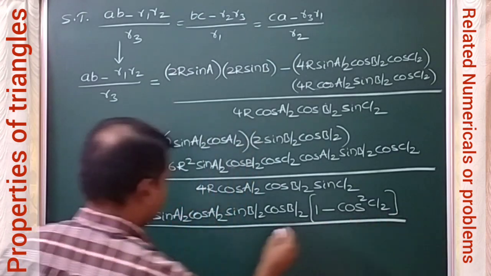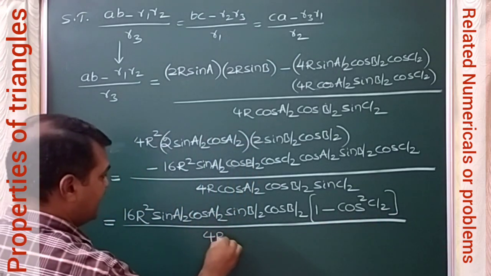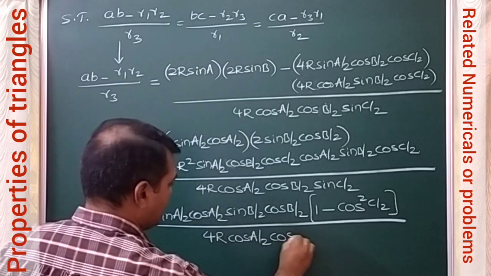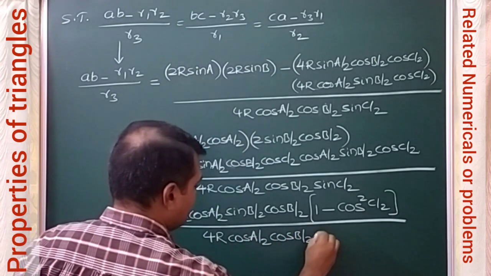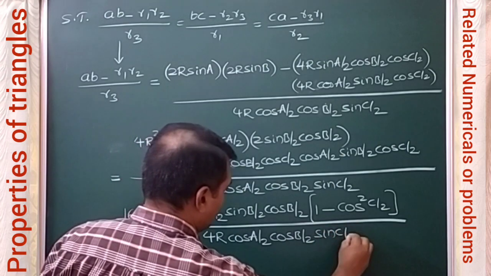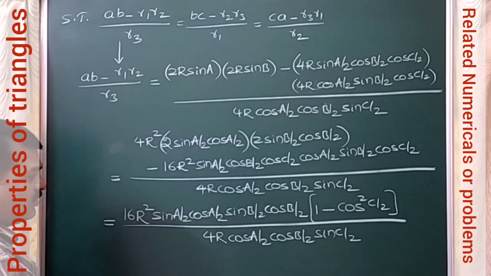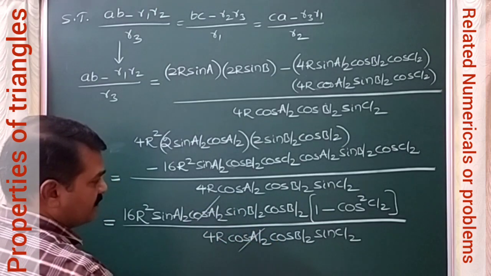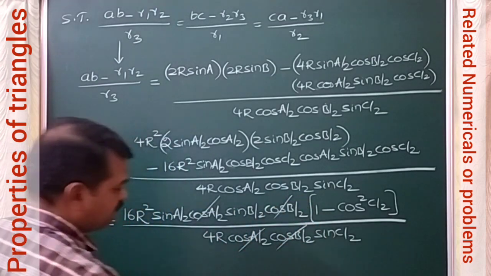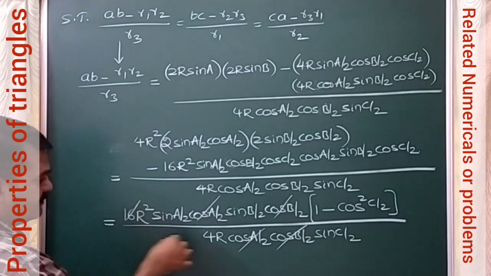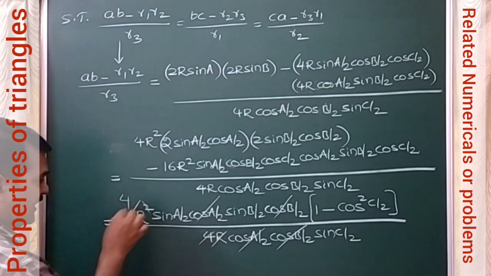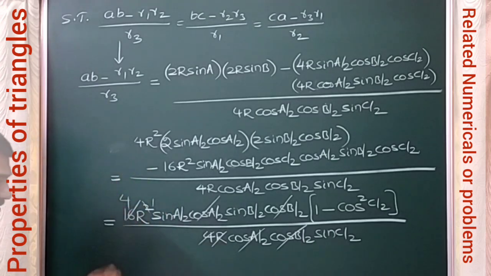Denominator we can write as 4R cos A by 2, cos B by 2, sin C by 2. So now I can cancel cos A by 2, cos B by 2, and here 4 times and 1 R also we can cancel. Only 1 R.